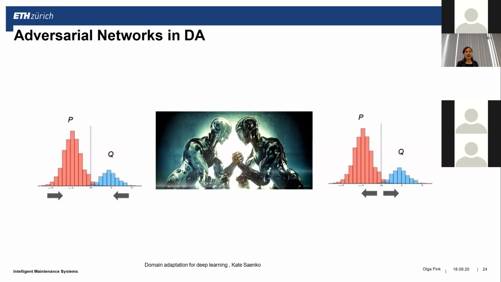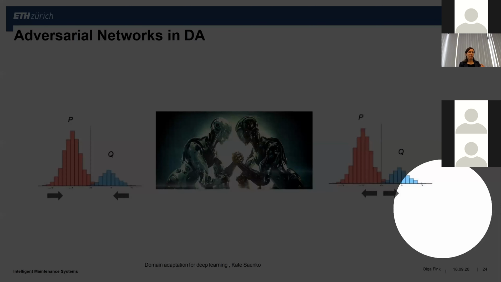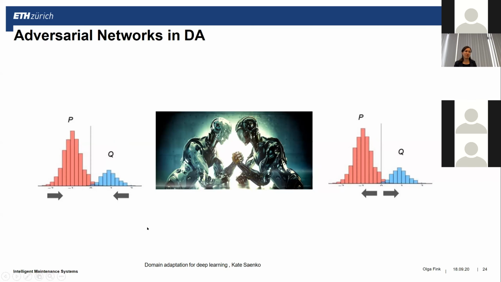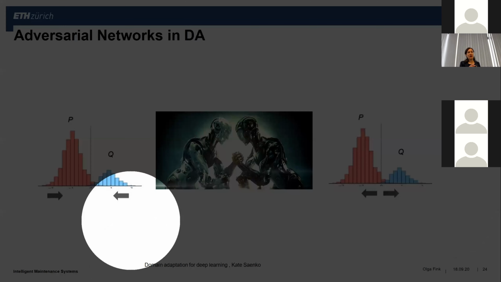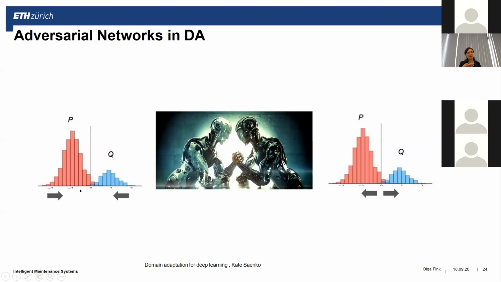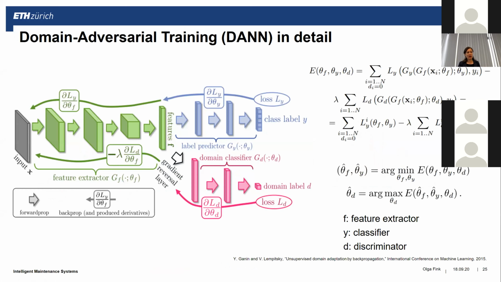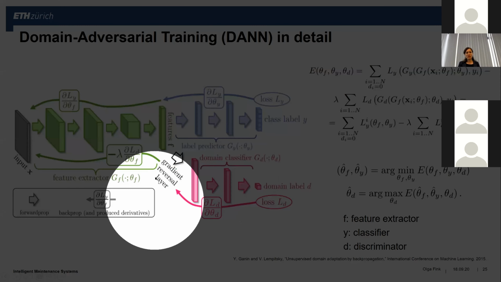And the algorithm that was proposed for this type of application is the gradient reversal layer. Normally we have three parts here, and three parts in the loss. The first part is the feature extractor. Its goal is, on the one hand, to make the classes distinguishable from each other, but on the other hand, to make the domains as indistinguishable as possible.